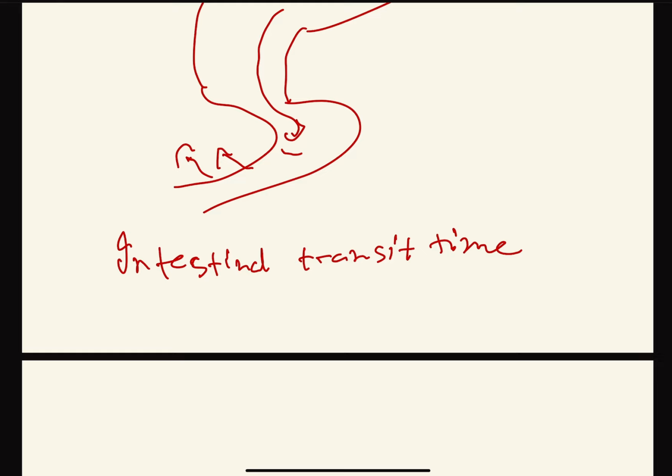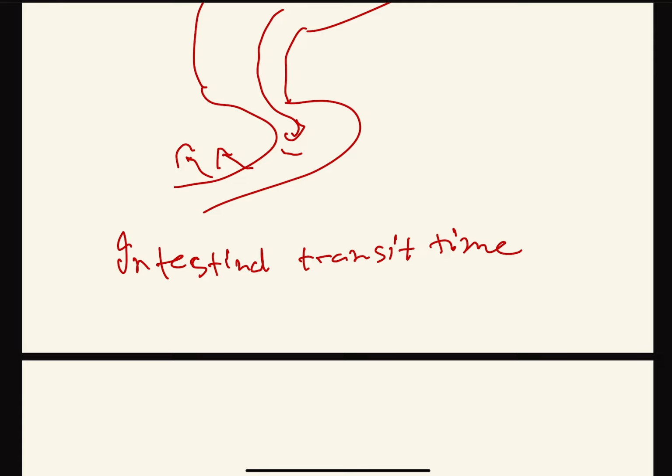Absorption of the drug will be less because the drugs are readily moved along the intestine, so they don't get the time to absorb through the mucosa into the systemic circulation.